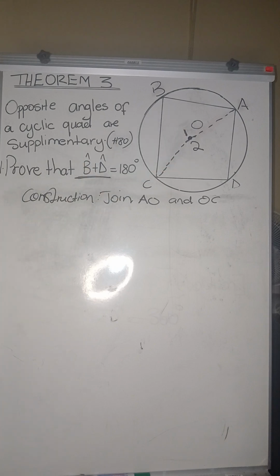So to prove this, we're going to use the theorem that we proved in the previous video, which is theorem 2, which states that the angle at the center is double the angle at the circumference. What am I talking about?